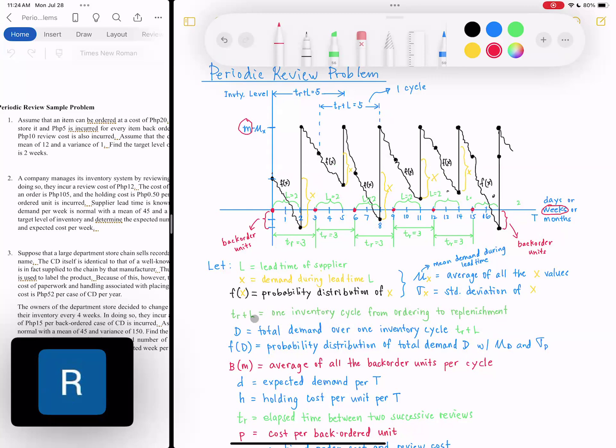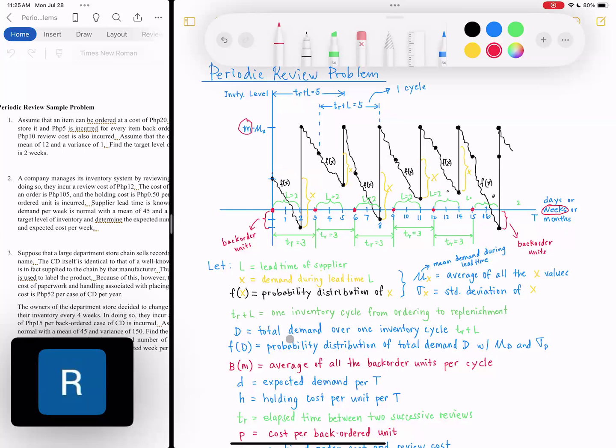Now, important: in the periodic review model derivation using Leibniz rule, another random variable which is related to your random variable x is TR plus L. The demand, sorry, is D, capital D. What is capital D?